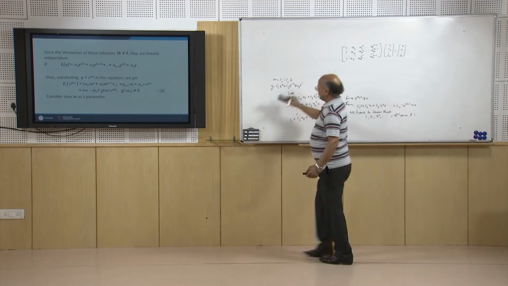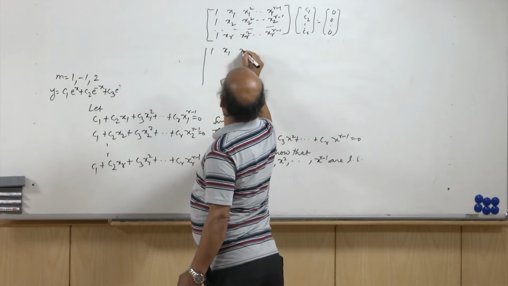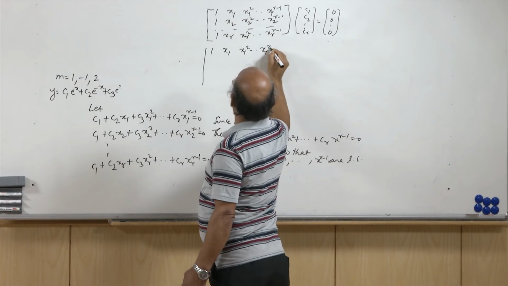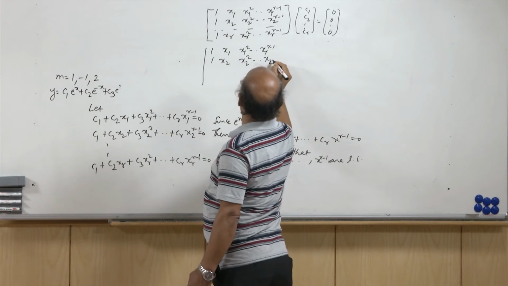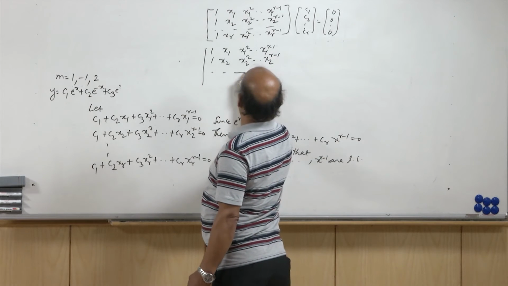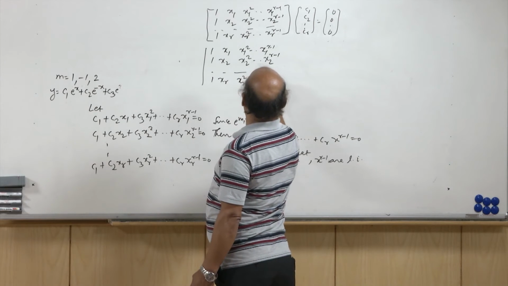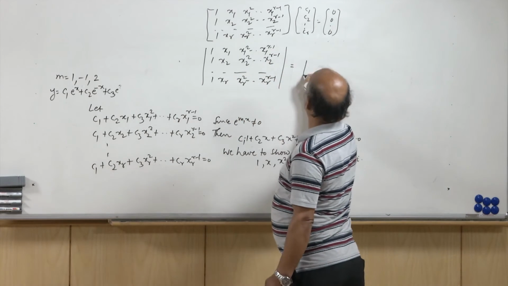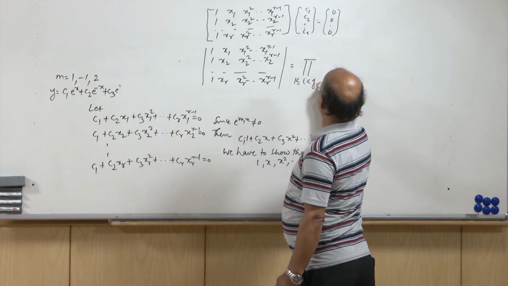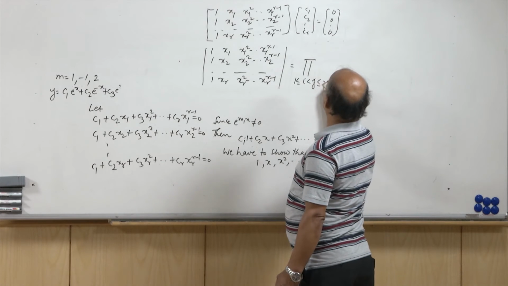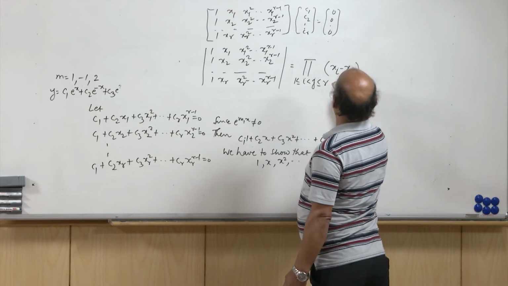Its value is equal to the product over 1 less than or equal to i less than j less than or equal to r of xi minus xj.